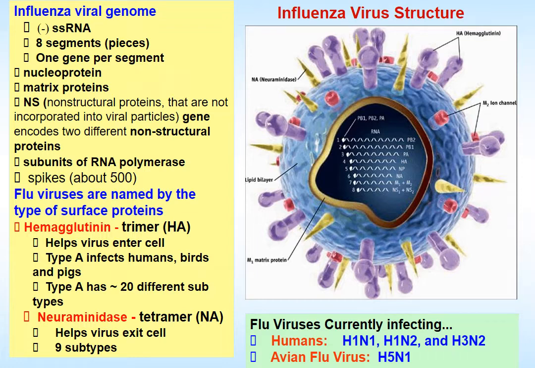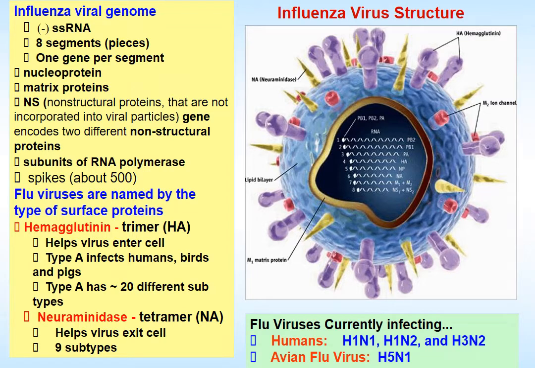This virus contains subunits of RNA polymerase and important antigens localized on the supercapsid, hemagglutinin and neuraminidase, which are protective antigens. Hemagglutinin has more than 20 different subtypes, and neuraminidase has 9 subtypes, and all these subtypes can change their position.